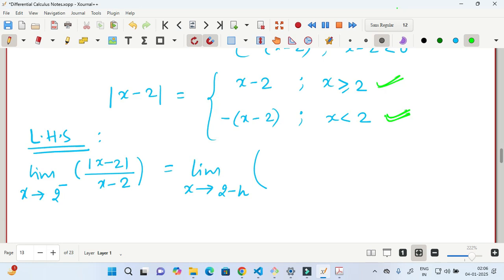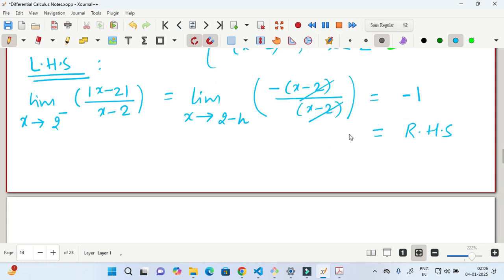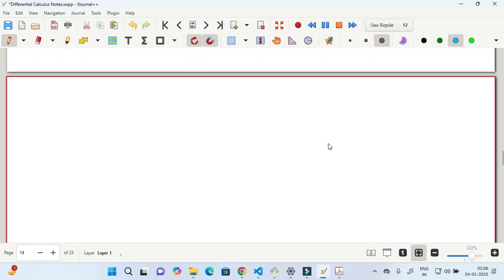So now, minus of x minus 2 by x minus 2. Both get cancelled and what remains is minus 1. So this is the LHS we have arrived at. And minus 1 is the RHS. So LHS is equal to RHS.